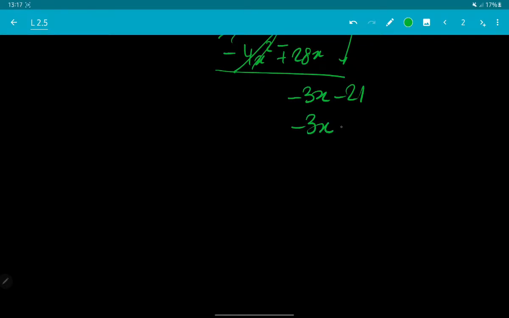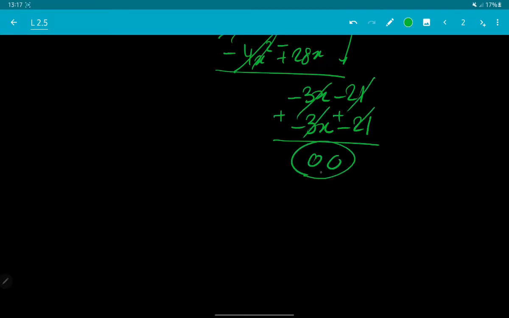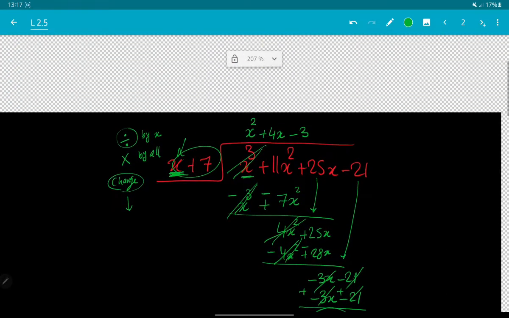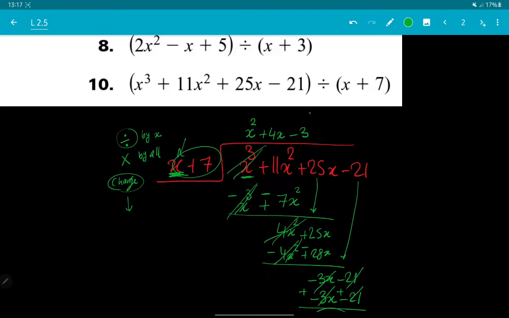Negative 3 multiply 7, if you remember, it will be negative 21. Now change the signs. This will be cancelled together, so you have no remainder. It means this is the answer when you divide this by this: x squared plus 4x minus 3.